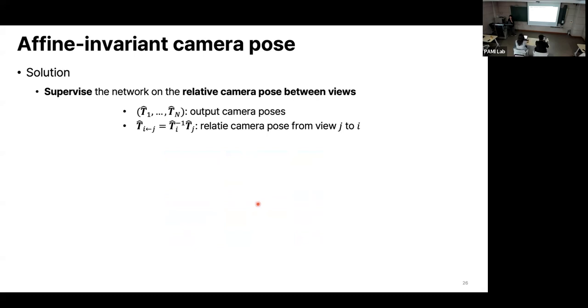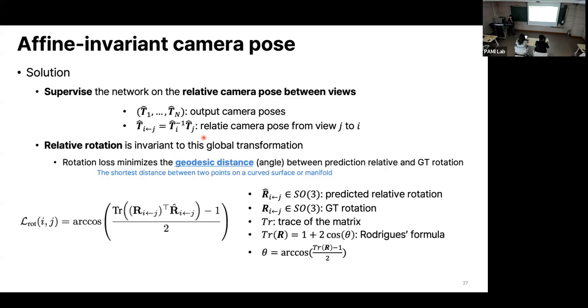So I want to get into some detail for this solution. As I mentioned before, they supervise their network only with relative camera poses, and this is the notation of the camera pose from view J to I. The pose has two parts.